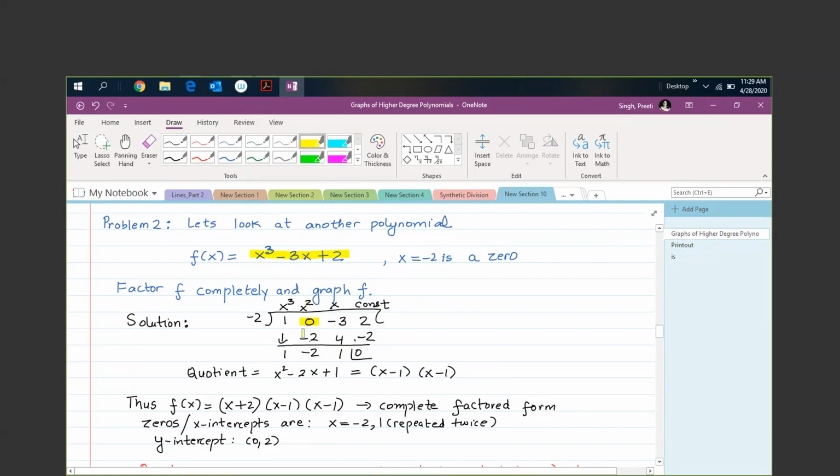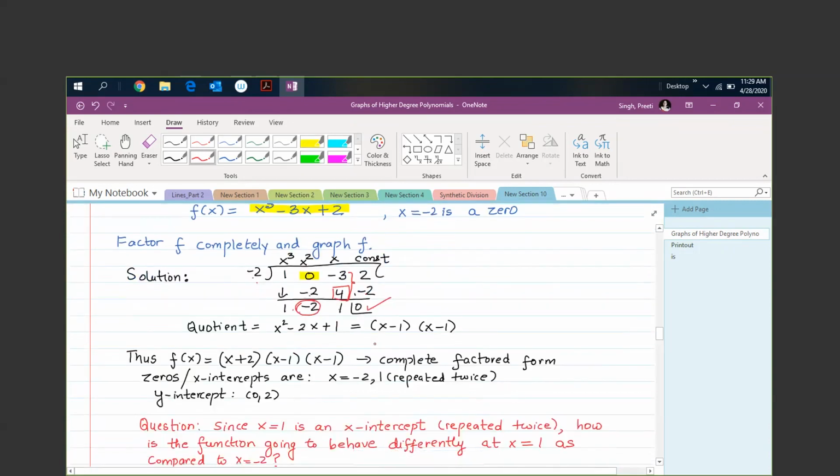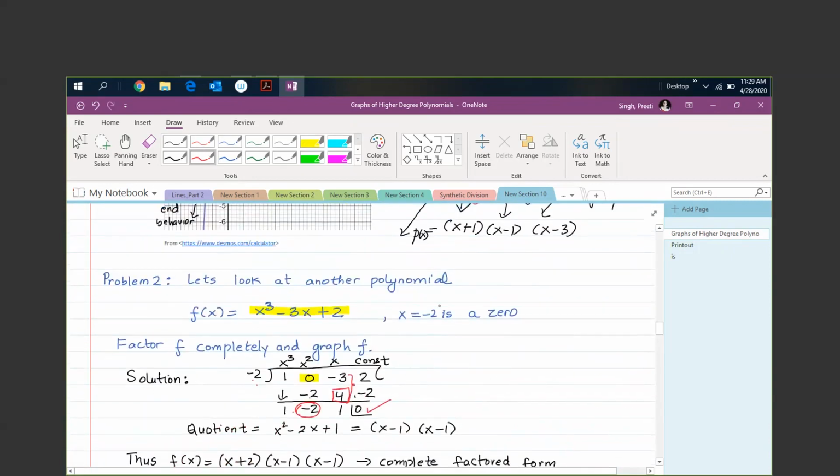So again, synthetic division is performed in the same manner. 1 is carried first, then multiply by -2, add them, you get a -2 right here. Multiply this -2 by -2, you get a 4 right here. Add these two, you get a 1. Multiply 1 by -2, you get a -2 and 0.